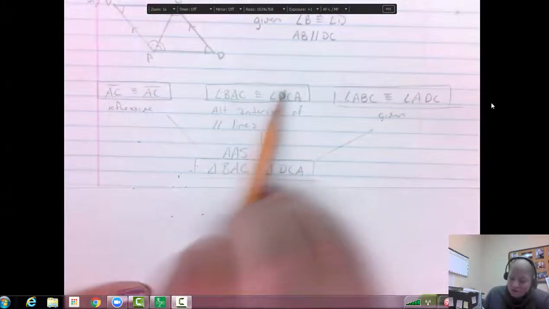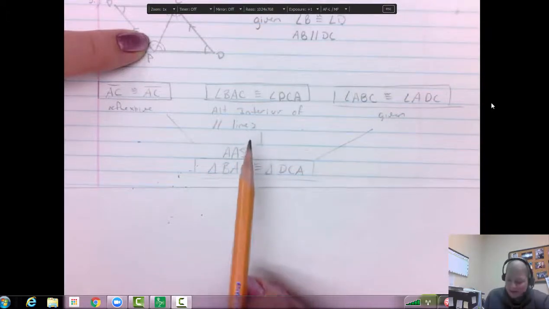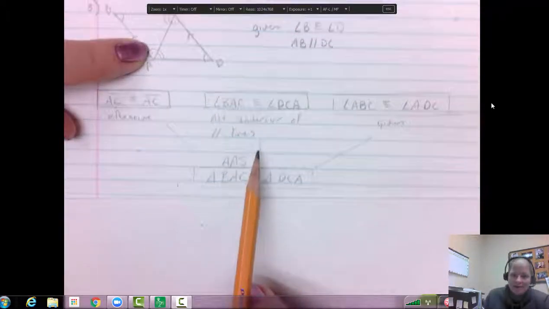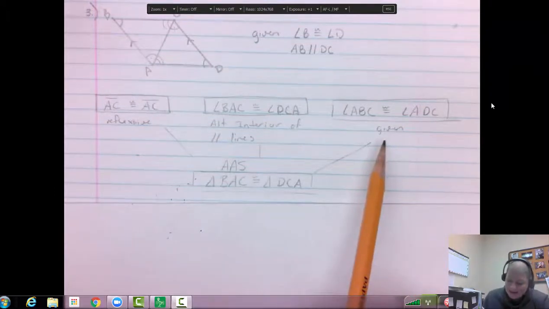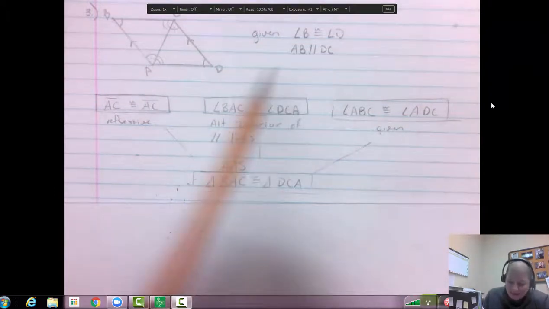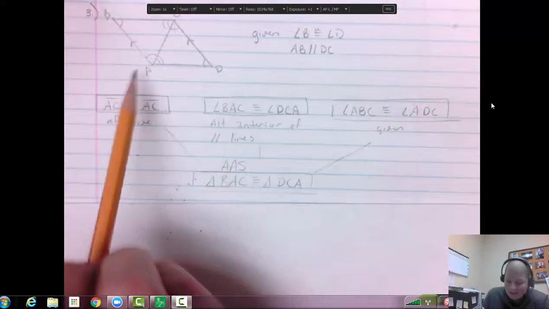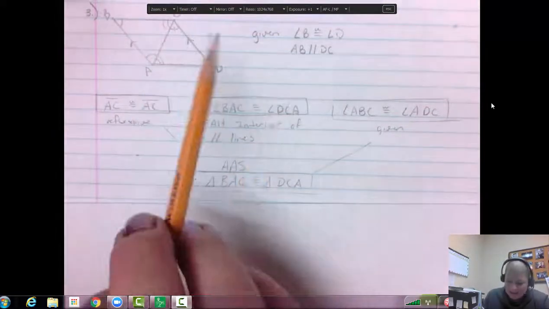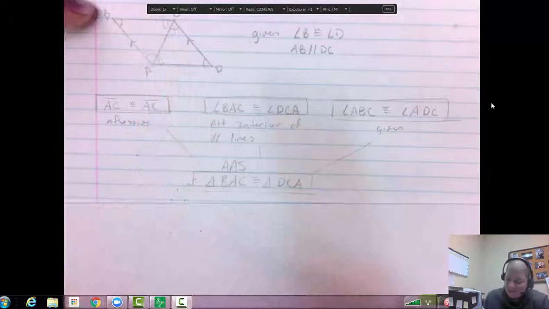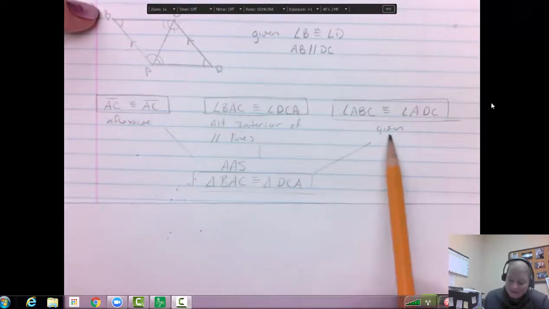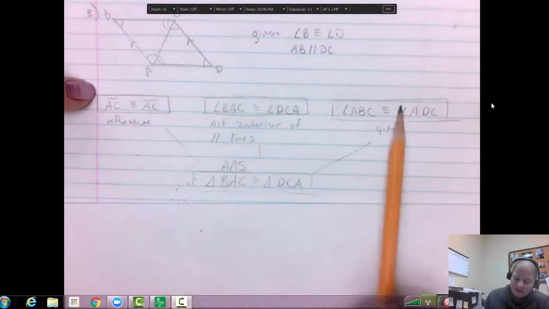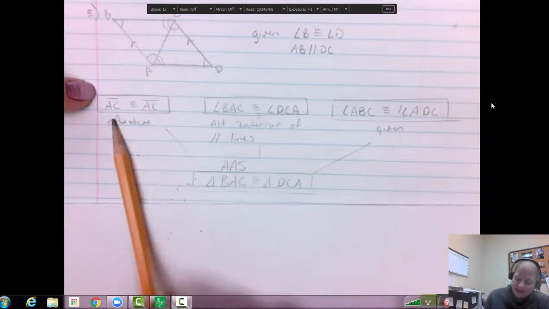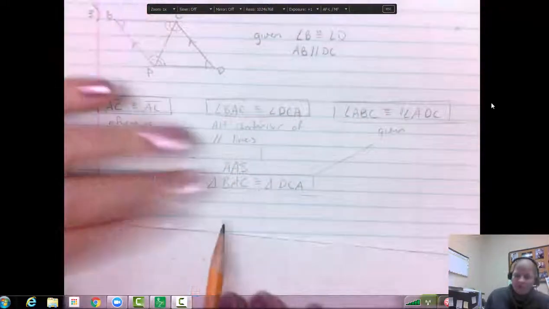And if those two are congruent, they're congruent by alternate interior angles of the parallel lines. Okay, so those two are congruent. And then we know that angles B and D are congruent, and I labeled them A, B, C, and A, D, C. But we know B and D are given, so we can see that two angles and one side, so angle, angle, side, and that's how we can prove those triangles congruent.